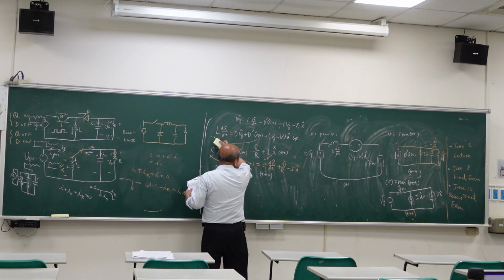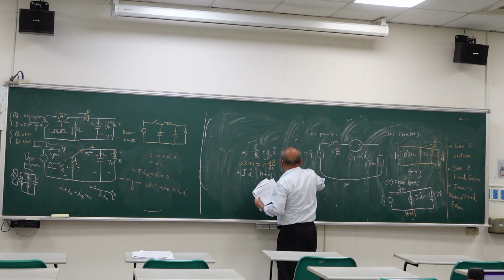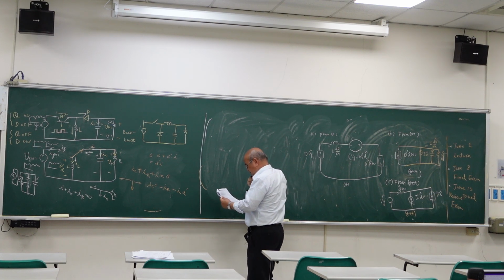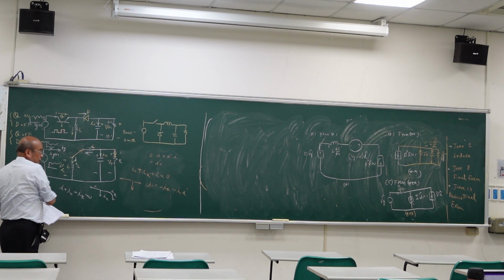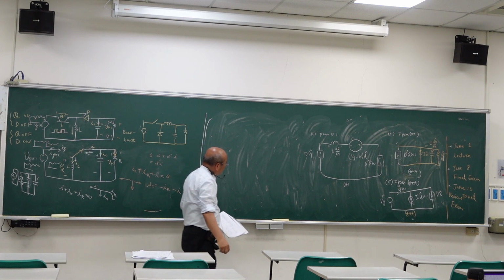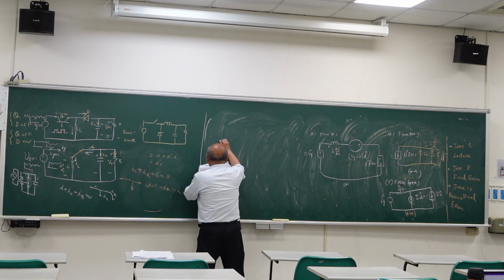Anybody can tell me? What is the first, the second, the third? The first should be VG, right? So how can you find VG? Here.